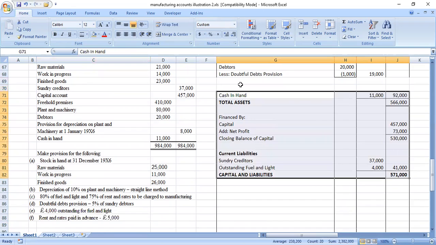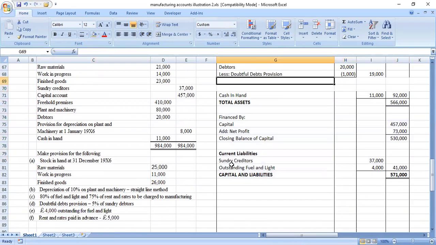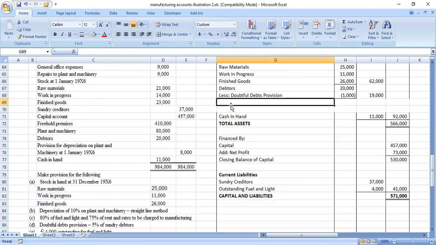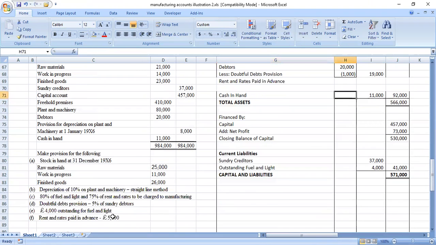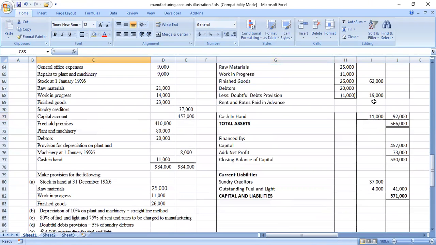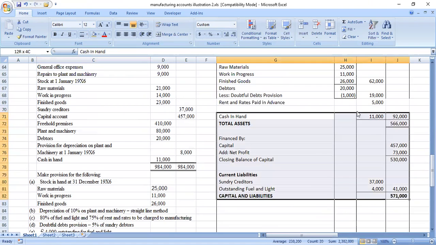So we add the rent and rates paid in advance to the current assets. So you understand where I am now? Yes. Okay. And the amount for rent and rates paid in advance is 5,000, isn't it? Yes. So 5,000. So we add this to the current assets.